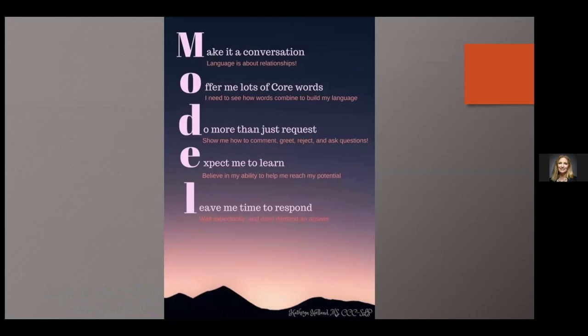We have to make sure that we're using these core words, and we don't turn our AAC device into a choice board. This is a communication device, this is your new language, your device that you can use in different environments, with whoever your communication partner is. And again, not just about requesting. There are a lot of purposes of communication. Expect that the child is going to learn this.